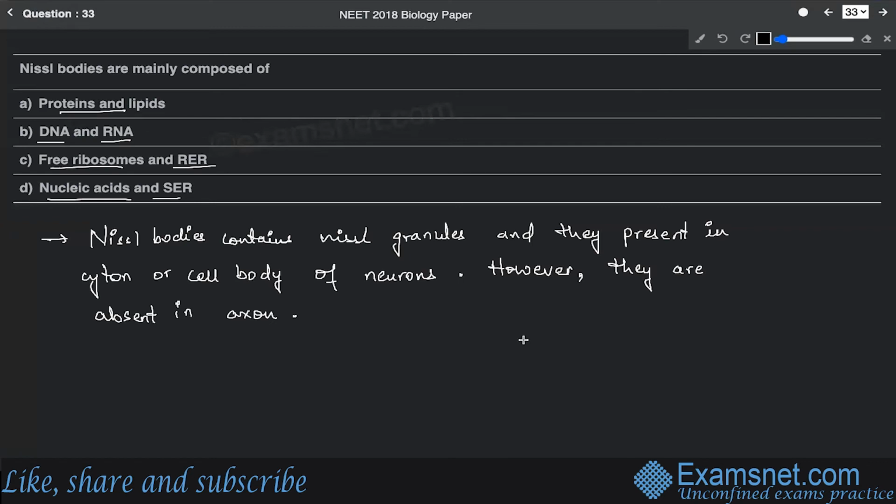So these Nissl bodies consist of Nissl granules, and these Nissl granules are responsible for protein synthesis. We all know that proteins are synthesized by ribosomes and rough endoplasmic reticulum.